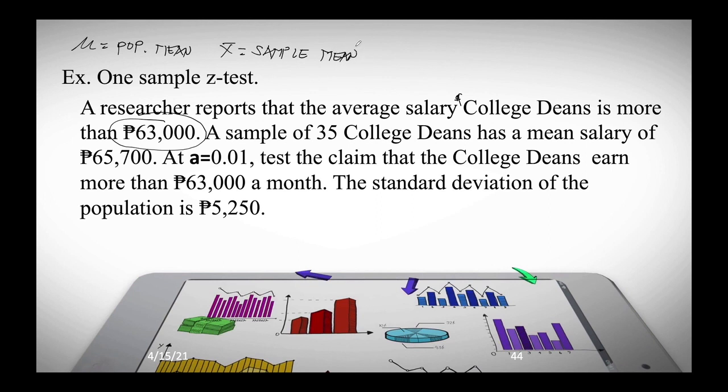Okay, since the 63,000 pesos is already a research done and that this is actually based on report, we can consider this now as population mean. Okay, that's why it will be the value of the mu variable. So let's write here for the given, first given, let's have mu, which is 63,000.